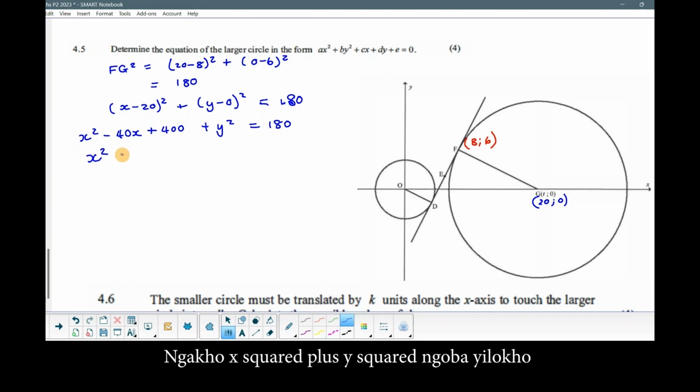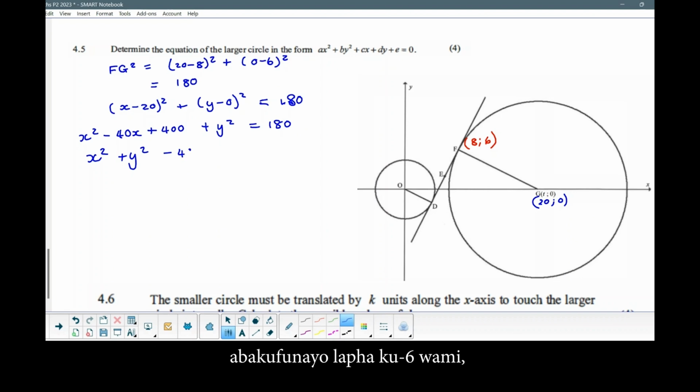So x squared plus y squared, because that's what they wanted here. Then my cx, which is negative 40x, and 400 minus 180 is 220. And there we have the values of A, B, C, D, and E.